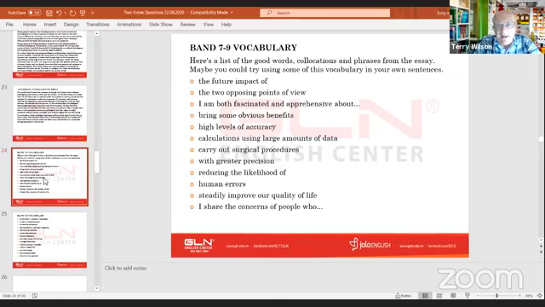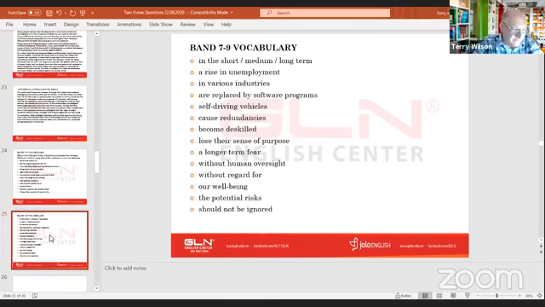I'm not using any unusual words that I've taken out of a dictionary. I'm using everyday language. And again, that's what the examiners like to see. We have a second slide.